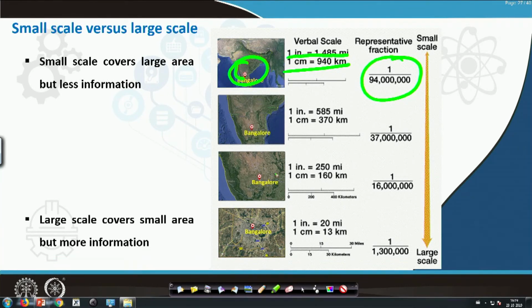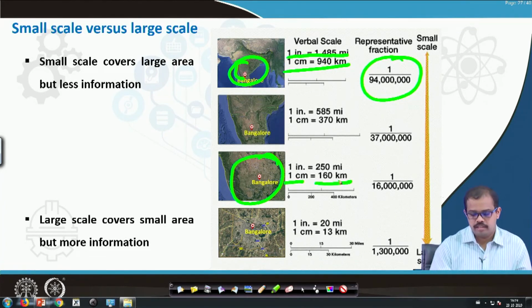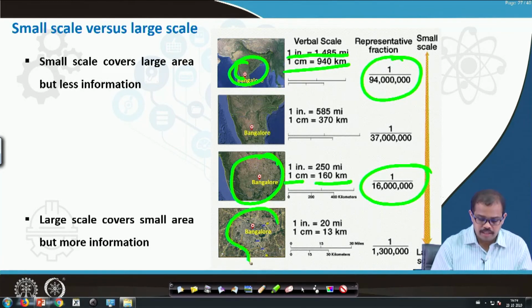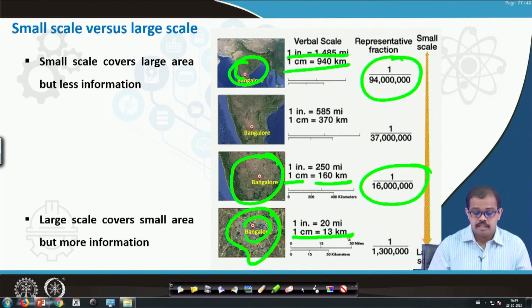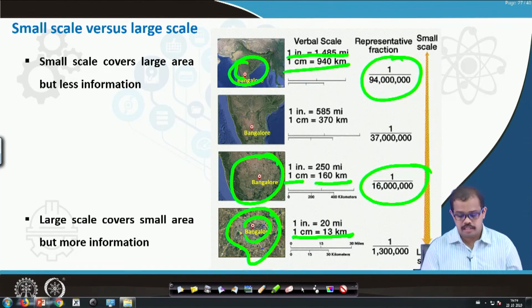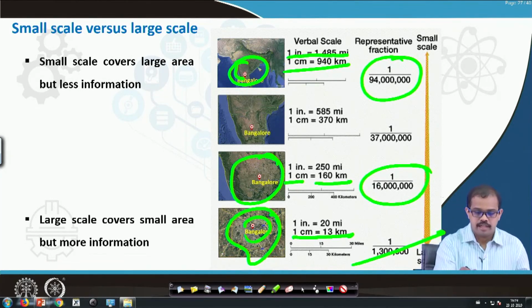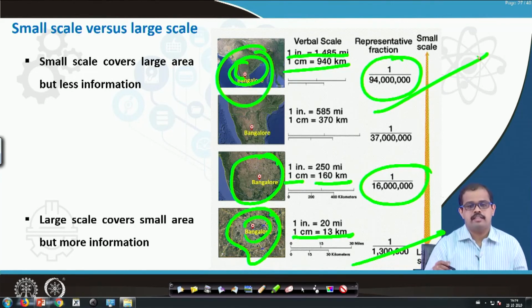Now I go into more details here. So it is 1 centimeter equal to 160 kilometers. It is representing much larger fractions, and when you go here, you are able to see much more details about Bangalore, where 1 centimeter is 13 kilometers. This means to say it is giving you a huge wealth of information. That's why it's called a large scale, whereas if it is just giving you the location, then it is called a small scale. So this is the difference between a small scale and a large scale map.